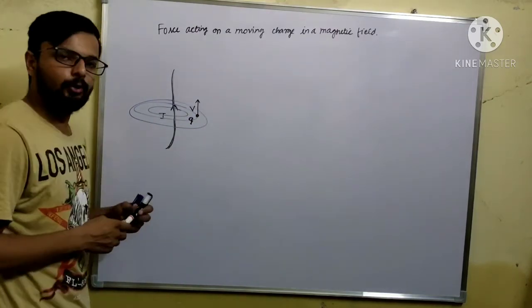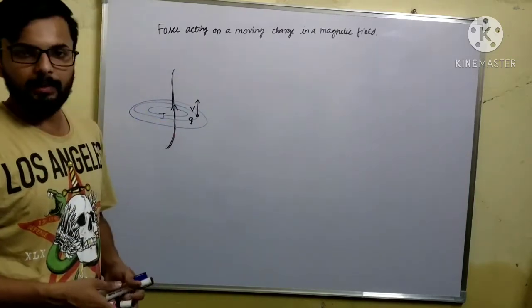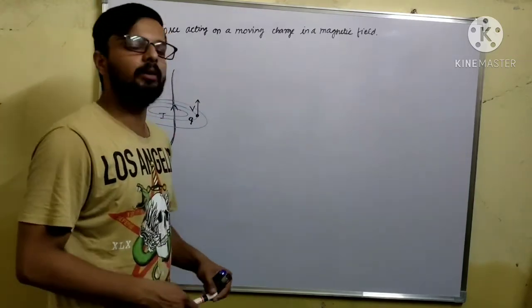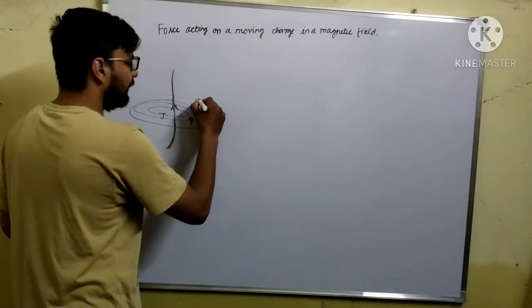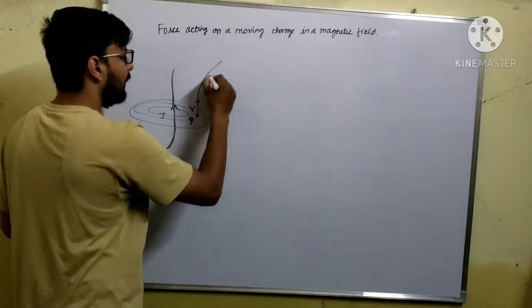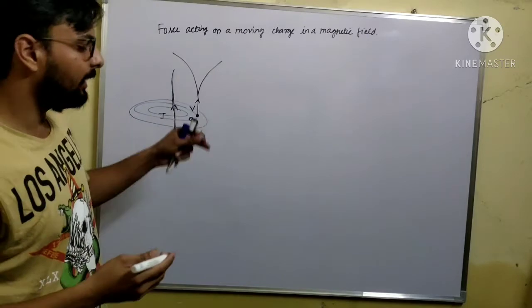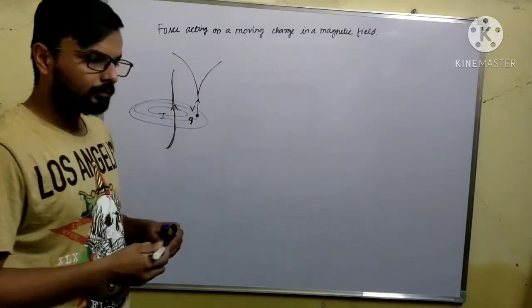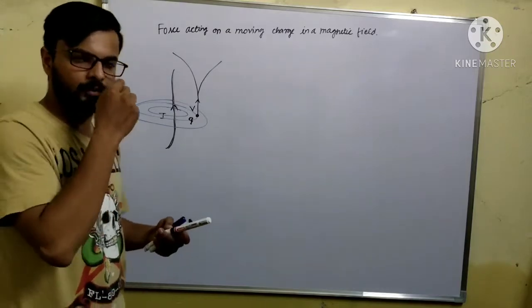I have told you that if there is a charge moving in the magnetic field, there will always be some force exerted, and due to that force this charge will bend either outward or inward. We will see where this force acts and where the charge will bend in a separate topic; it is not the concern right now.